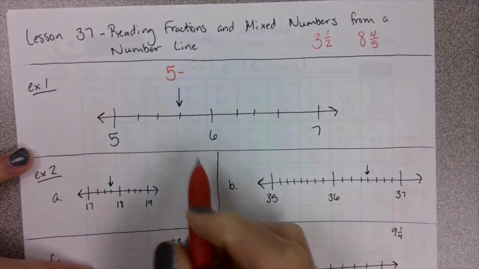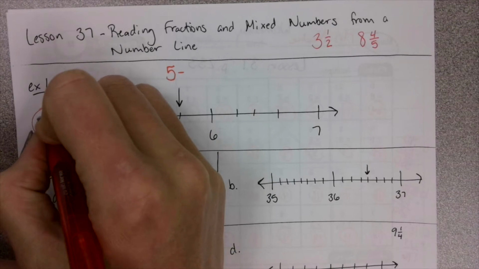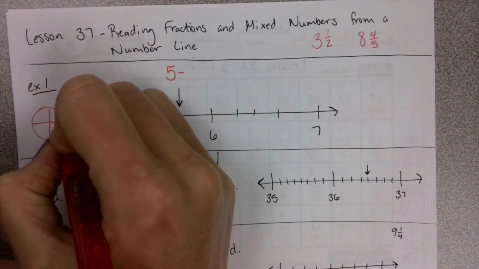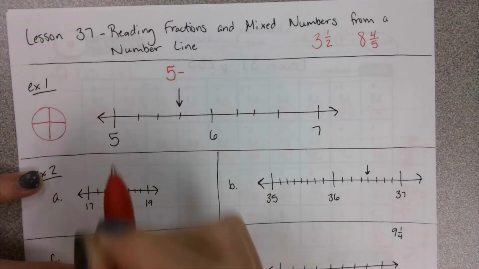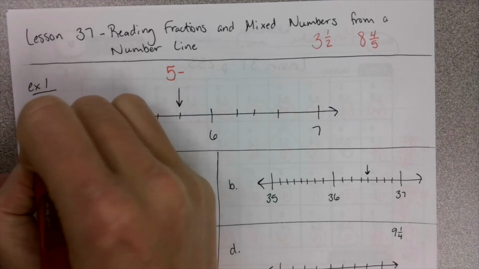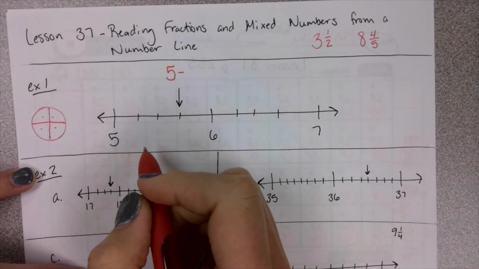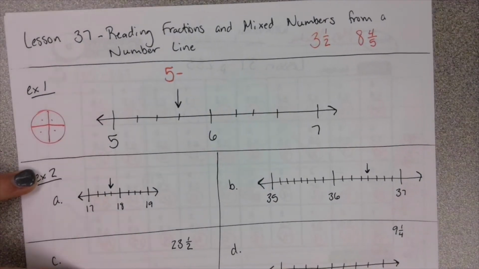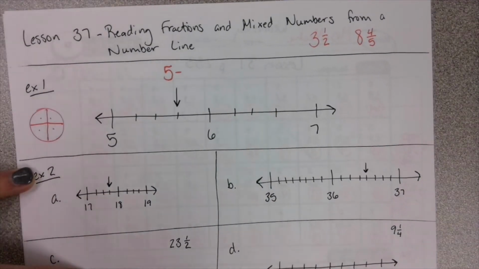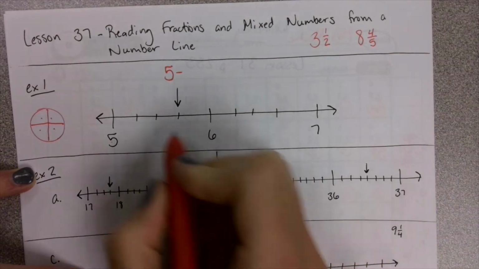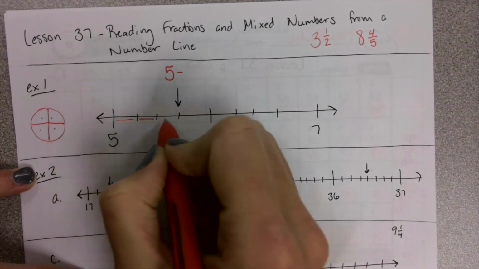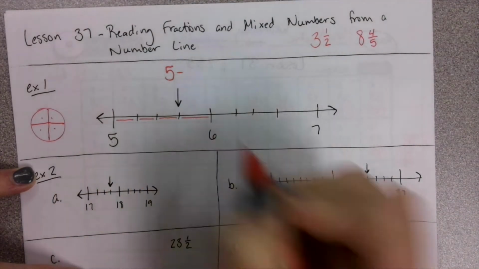Now, to get the bottom number of our fraction, remember if we had a circle like this, or a rectangle, or something like that, we'd count how many total pieces there are. We're going to do the same, but on a number line that looks like how many spaces are there. So, how many spaces are between 5 and 6? 1, 2, 3, 4.